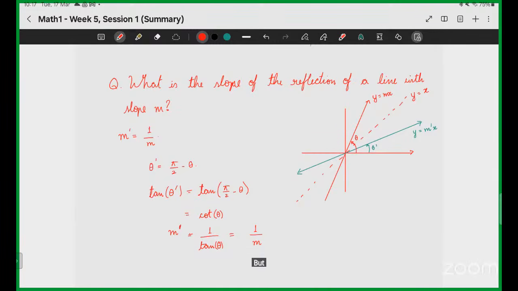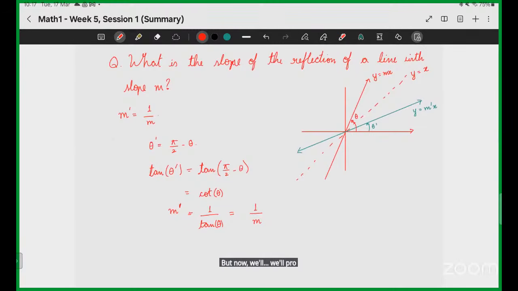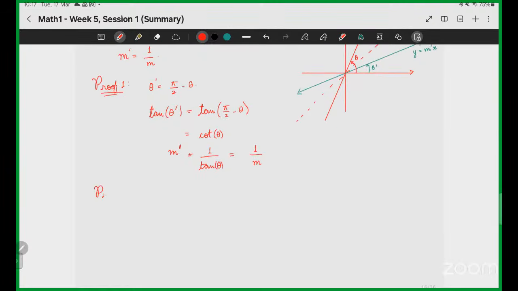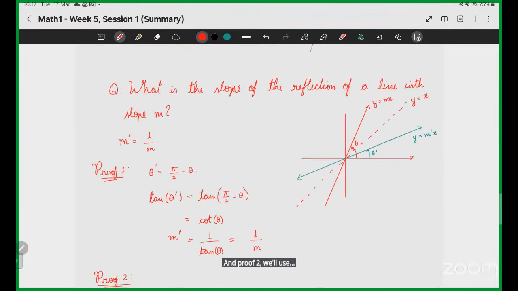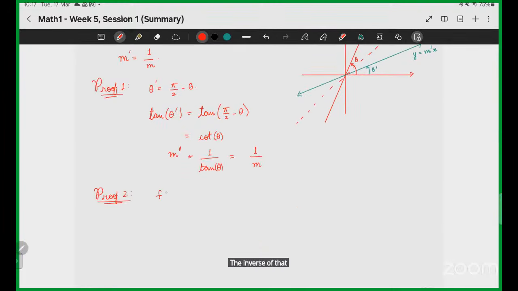But now we'll prove the same thing. So this is like proof 1. And for proof 2, we'll use the fact that the reflection of y is equal to mx is the inverse of that function. So if I have the function f of x is equal to mx, what is its inverse?